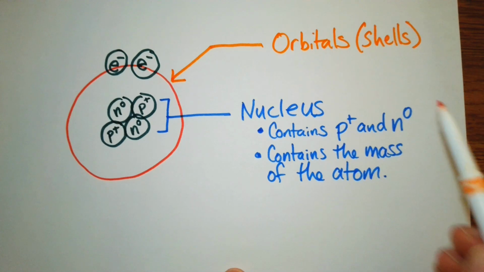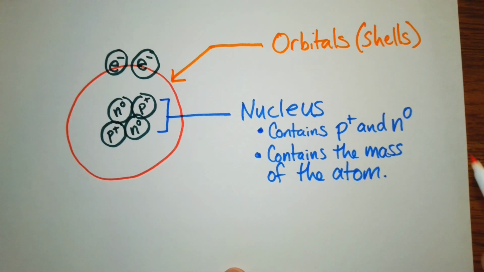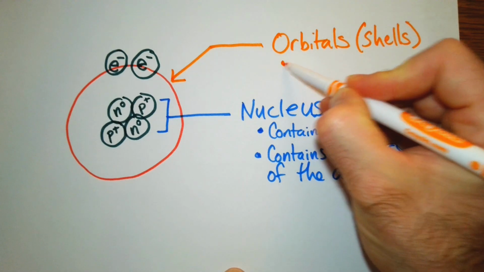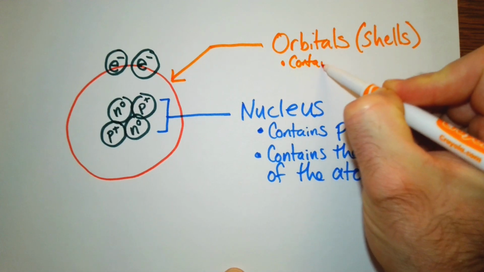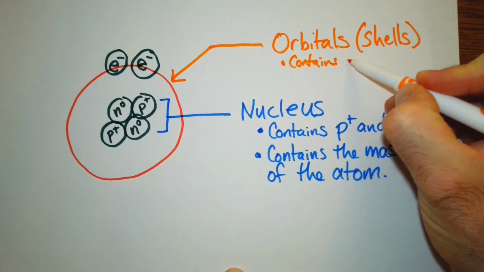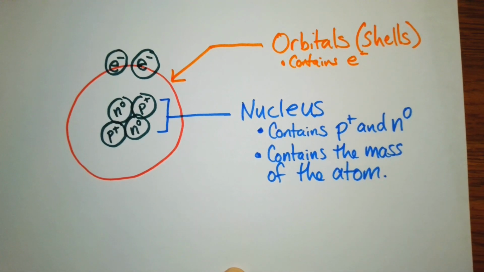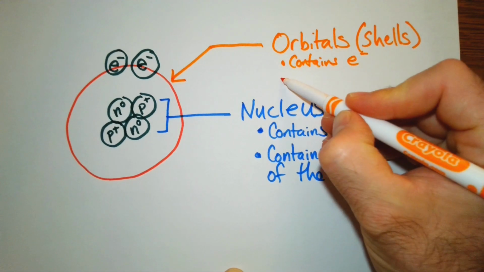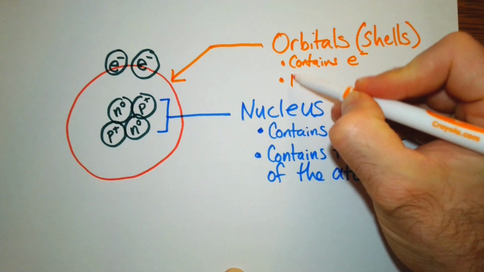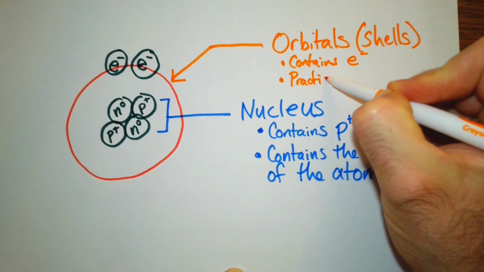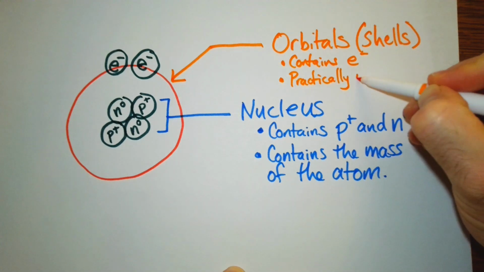But for this lesson, it's important to know that electrons orbit the nucleus. They orbit in orbitals or shells, okay? So we'll just say it contains the electrons, and it's practically without mass.